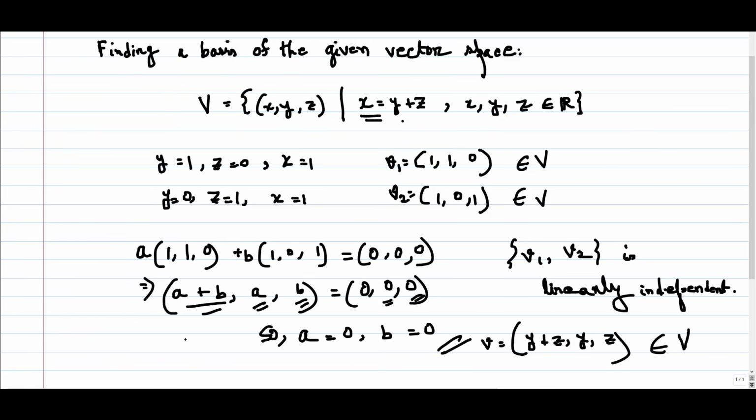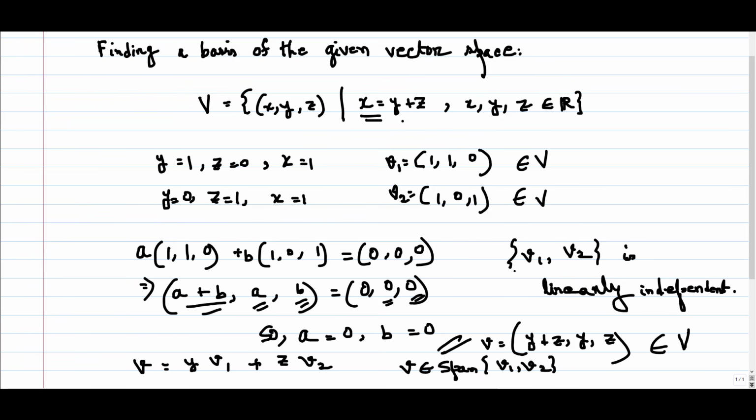Yes, because that's how we have constructed this. So v is nothing but y times the first vector v1 plus z times the second vector v2. If you calculate y v1 plus z v2, you will get v. So clearly v is in the span of v1 and v2.